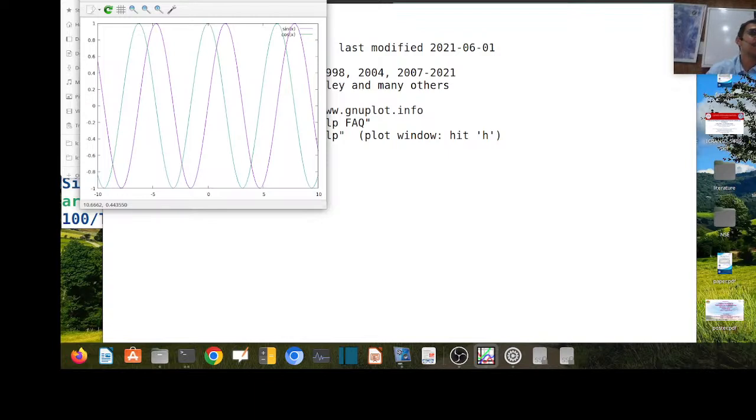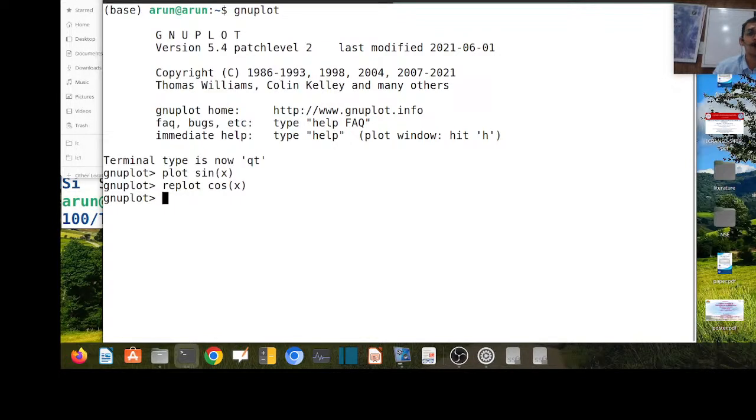And there is a way to make a script of GNU plot. I have mentioned it on my YouTube channel. It's a very small video on GNU plot. You can go through that. But I am not talking about GNU plot here. I just want to tell you.